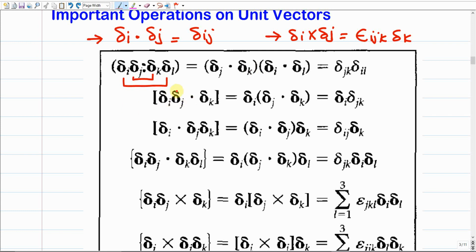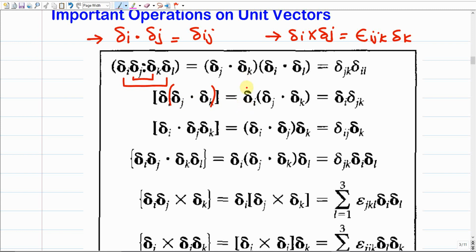How about if we have only one single dot in this case? This single dot should be done over the two vectors that are close together. Like this dot is confined between delta J and delta K. So the operation should be done over delta J dot delta K. It means that you're going to assume that there is a parenthesis here, and you're just going to carry on the delta I as it is.